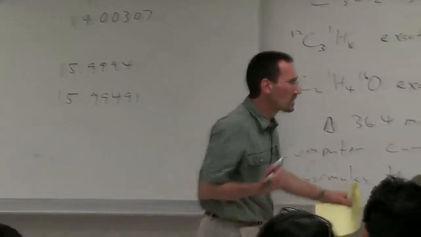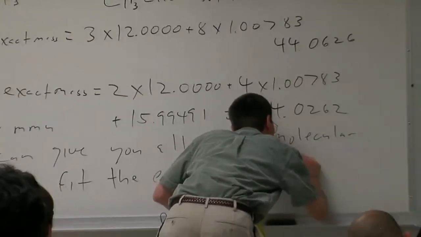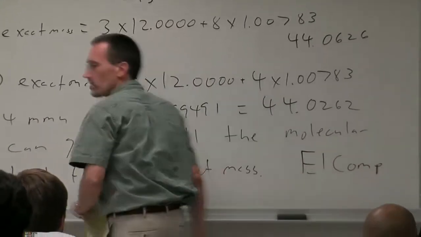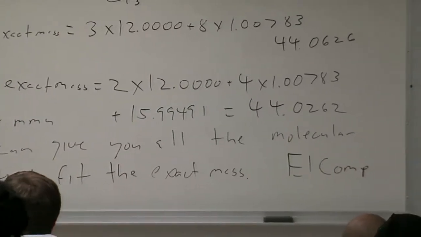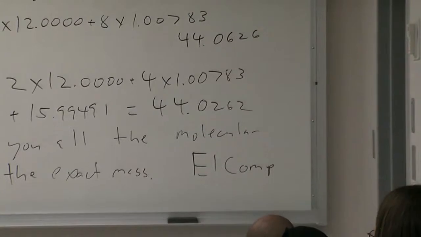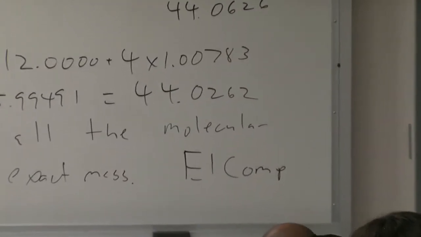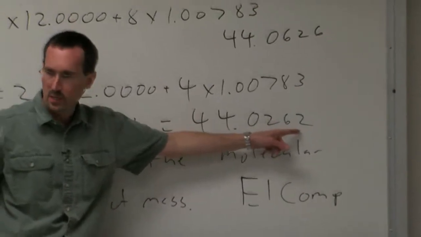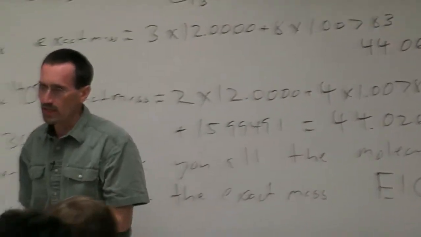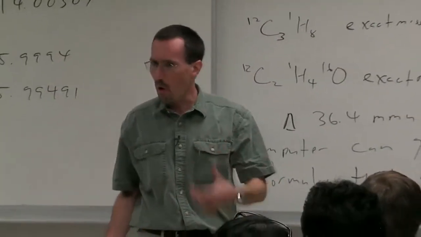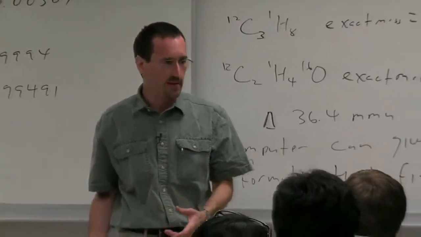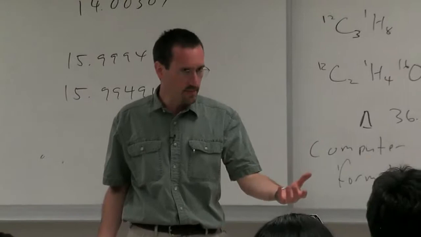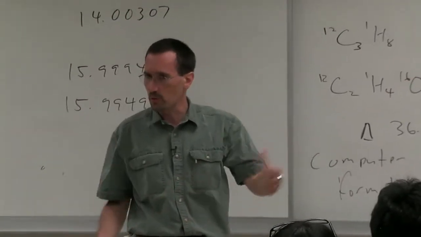Or you can go to that website I mentioned and linked on the homepage for the course or in the materials for the course, and say I have an exact mass of 44.0262, and then you give it some parameters and say give me all of the compounds that fit within 5 parts per million or within 10 parts per million. You don't want to give it too wide a range.